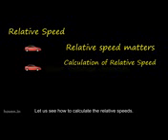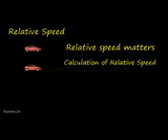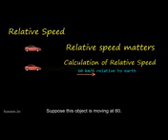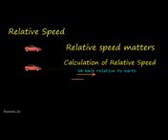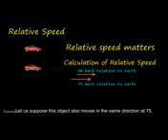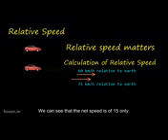Let us see how to calculate the relative speeds. Suppose this object is moving at 60. Let us suppose this object also moves in the same direction at 75. We can see that the net speed is 15 only.